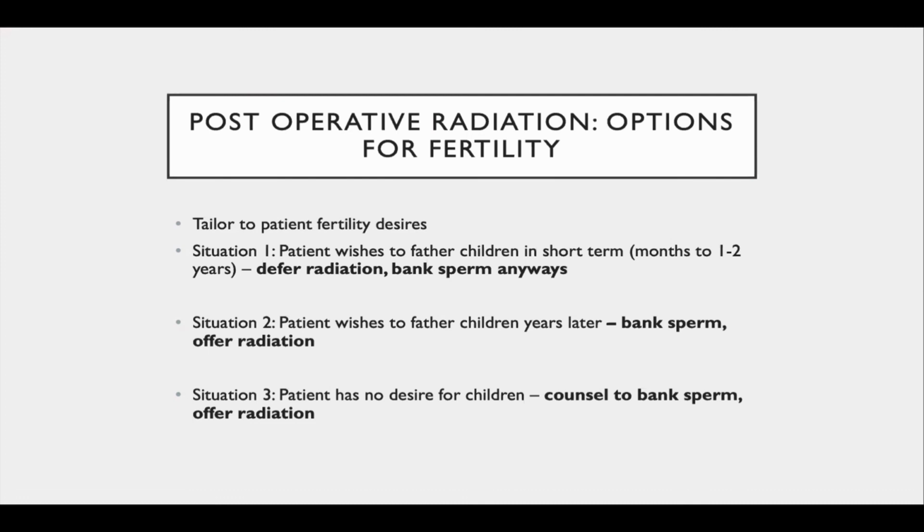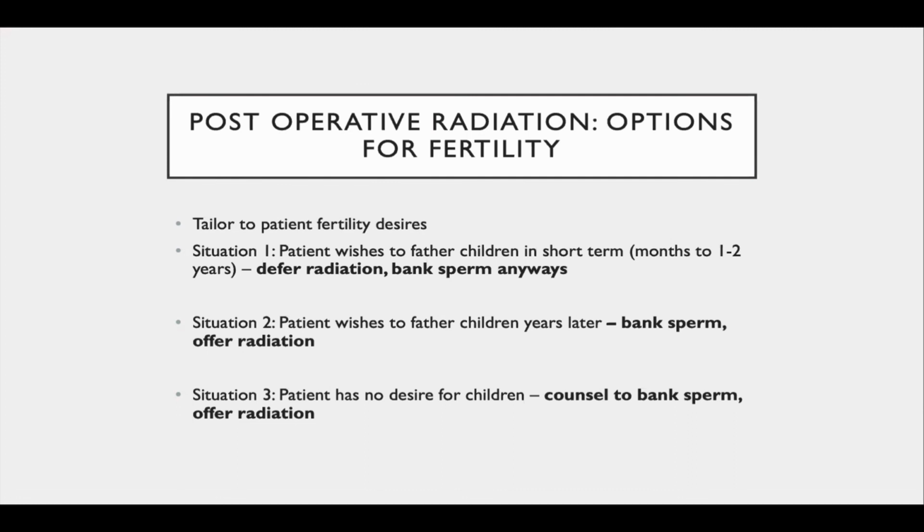So there are essentially 3 different scenarios that a patient can fall into. The first situation, similar to this case that we've created here, is a patient who wishes to father a child in the short term. We define short term as probably months to 1 to 2 years at the most. In this scenario, you're capable of deferring radiation.